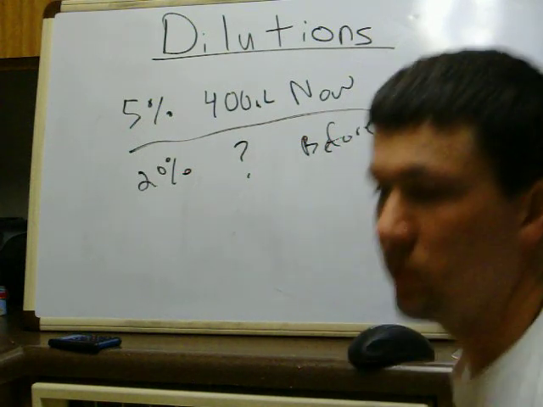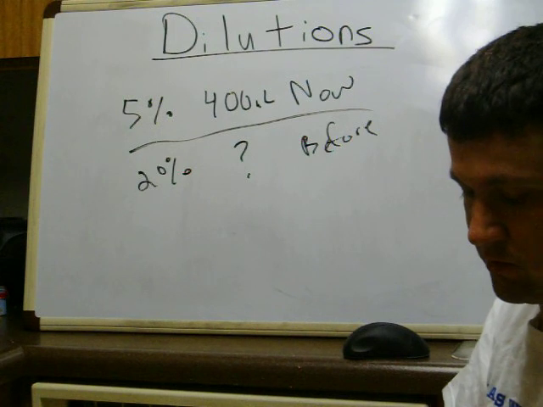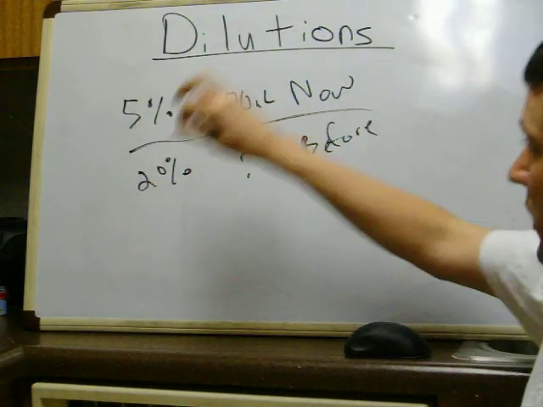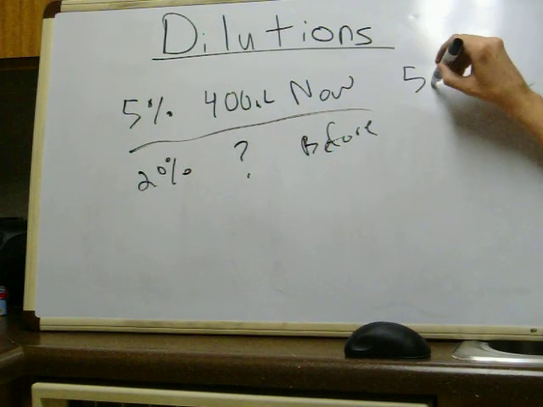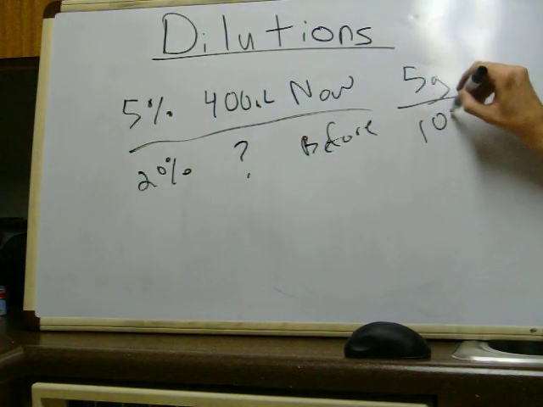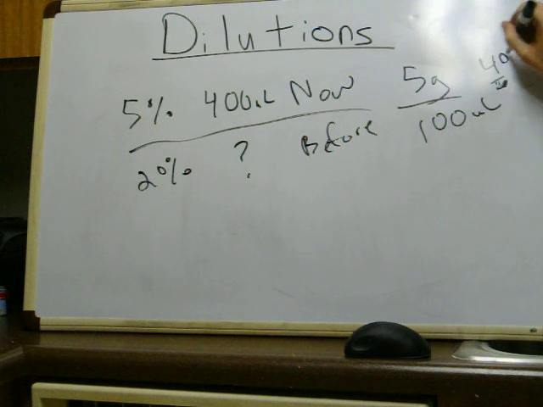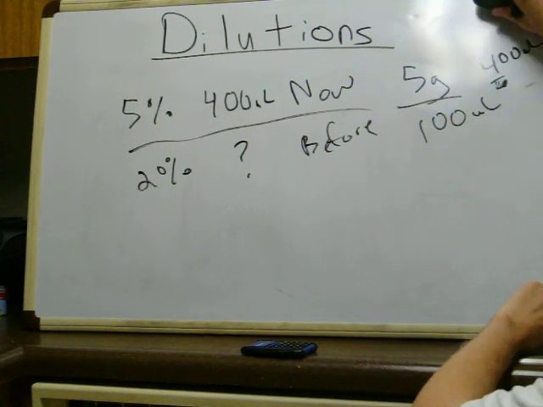So again, the steps that we want to take are to figure out exactly how much stuff we have, how many grams. Okay, so 5%, again that's 5 grams in 100 milliliters. And we have 400 milliliters of it. Alright, I'm going to move this.